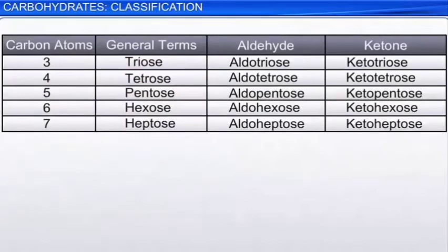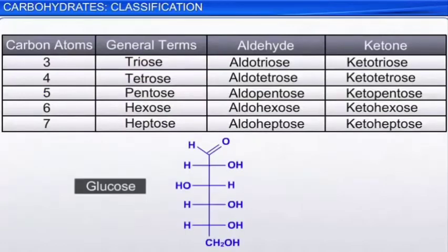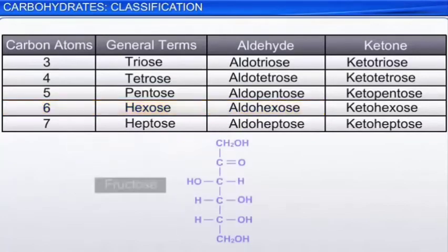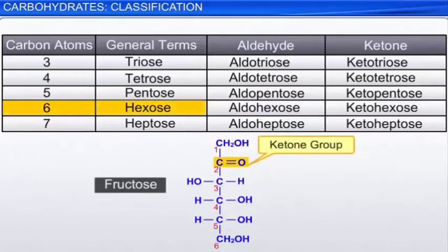For example, glucose is a monosaccharide that has 6 carbon atoms with an aldehydic functional group. Hence, it is an aldohexose. Similarly, fructose is a monosaccharide that has 6 carbon atoms with a keto functional group. Hence, it is a ketohexose.